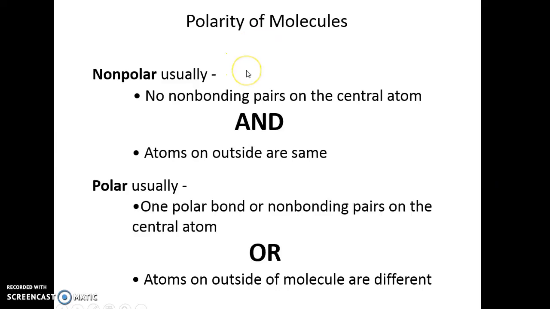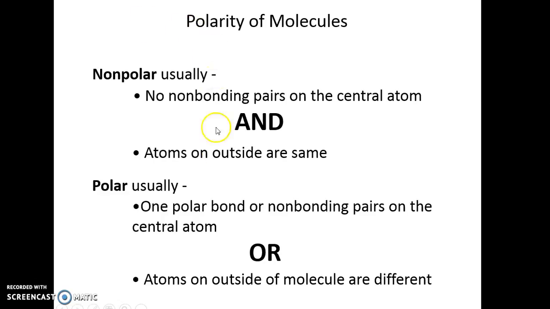So, because the individual bonds can be polar, molecules can be polar. There's a way of drawing the molecule in 3 dimensions and putting in the dipoles and seeing if you see a positive side and a negative side. But a really quick way of figuring out if a molecule is polar or not is just to look at the Lewis dot structure and look for symmetry.